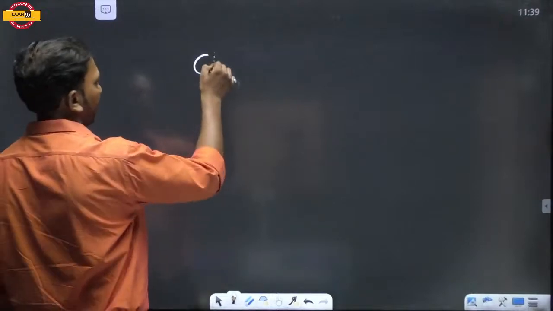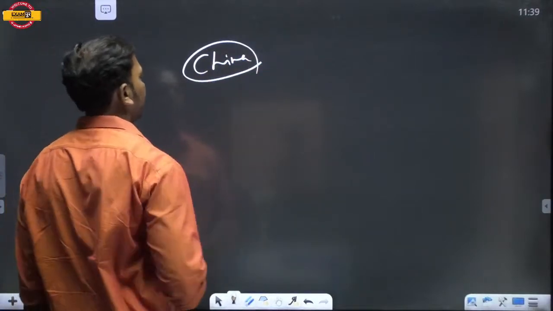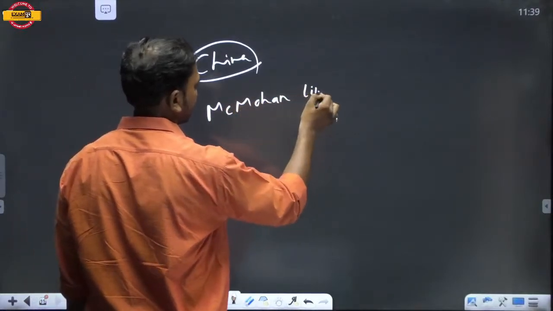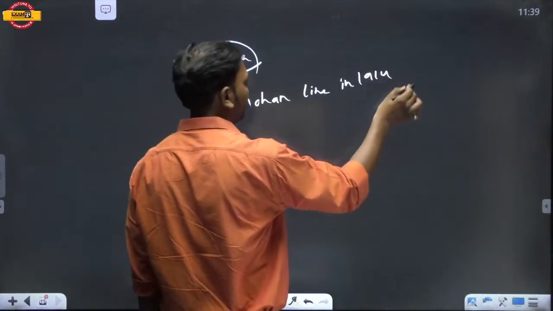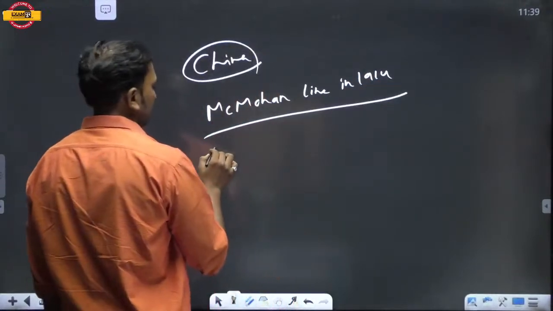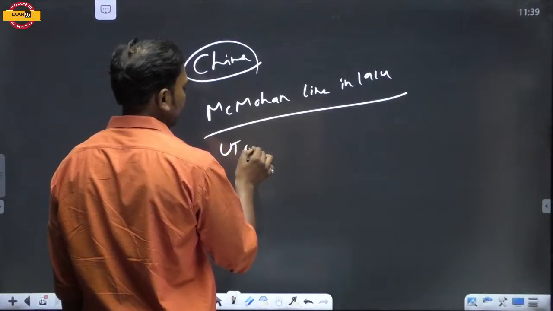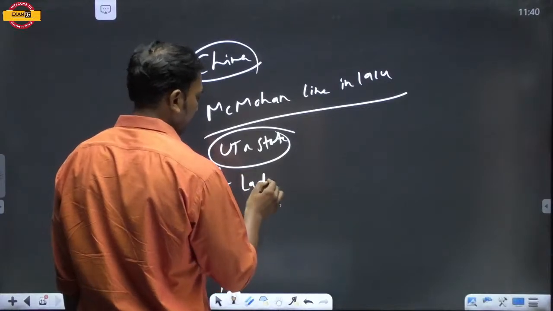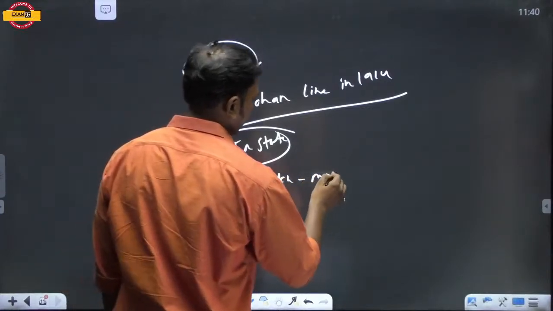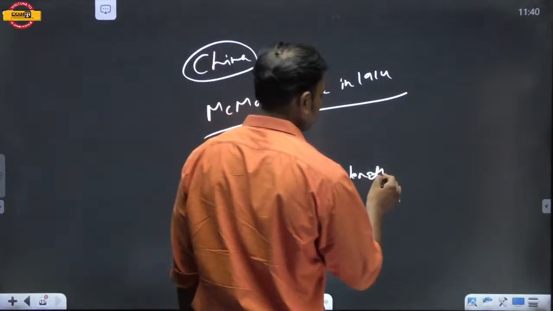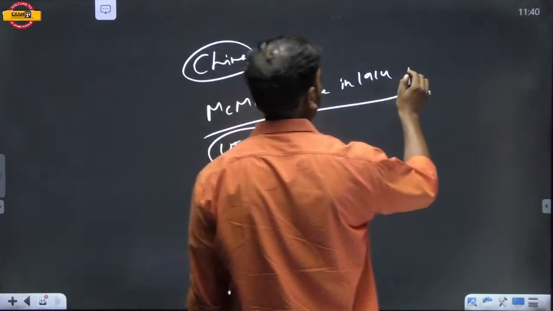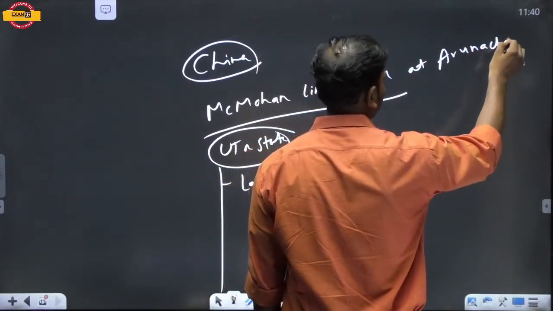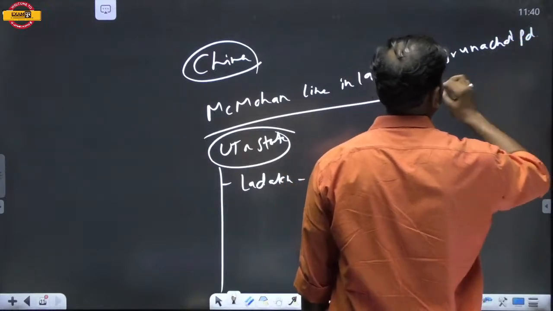Next one is China. The borderline is called the McMahon Line, in 1914. Then you see the Union Territory and the states. Ladakh has the maximum length, or McMahon Line 1914 at Arunachal Pradesh.